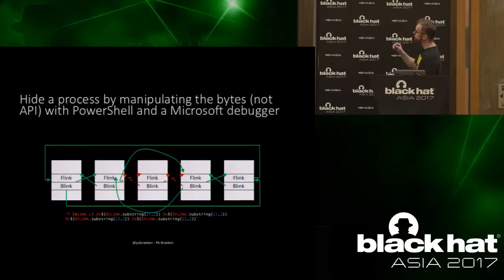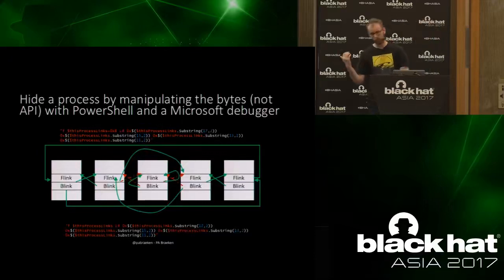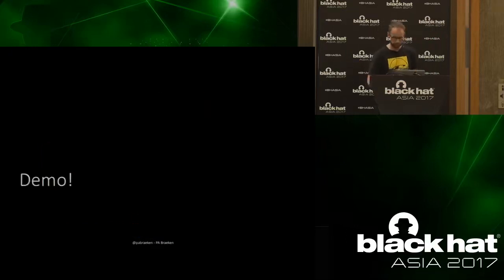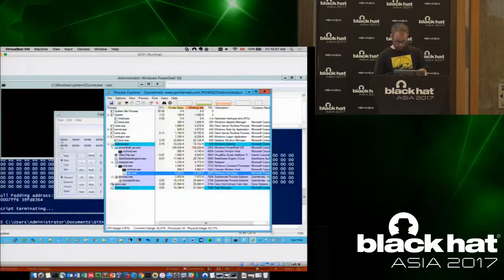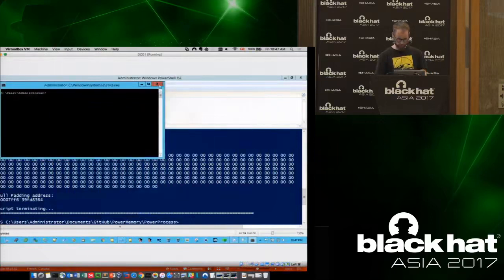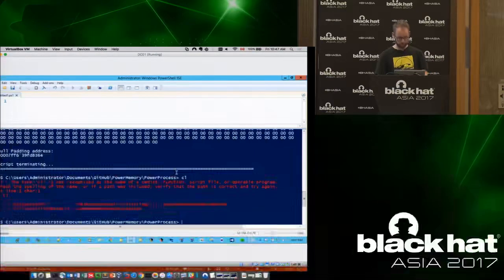So you also want to link this process to itself and this thing. So I automated that with PowerShell and the debugger. I will show you that. So I take the same thing. Oh, sorry.